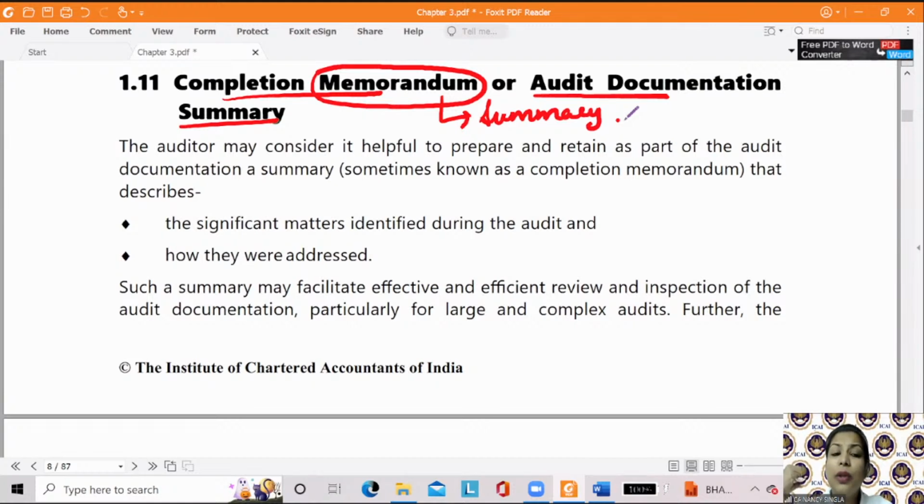Why? Because it will facilitate effective and efficient review and inspection of the audit documentation. If you are going through audit documentation with thousands of pages, and you have a summary of all the significant matters and how they were addressed, then obviously the review and inspection work will concentrate on those significant matters, so the chances that such matters are overlooked will be very less.